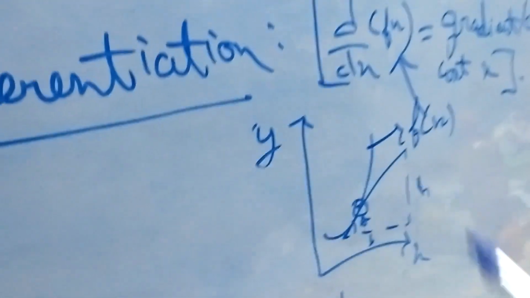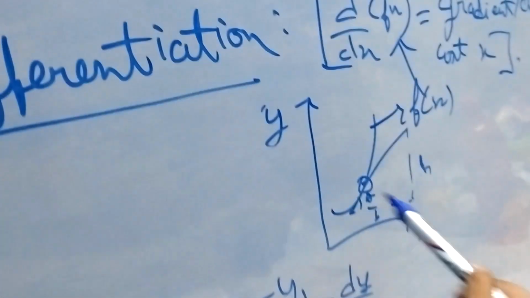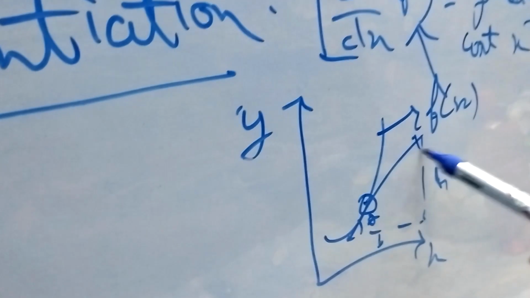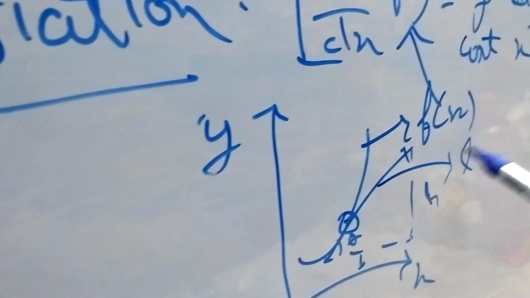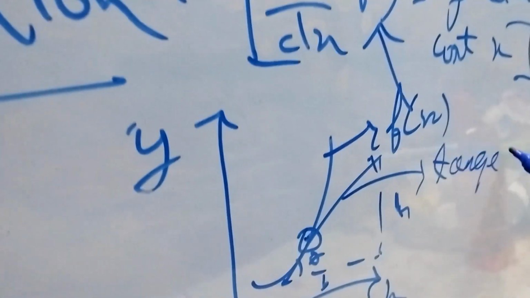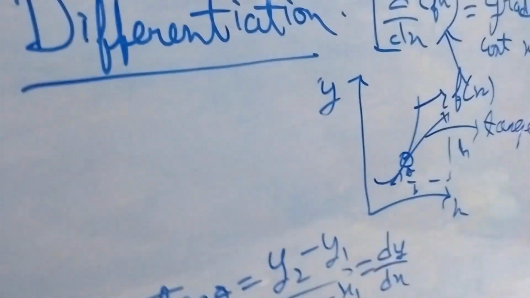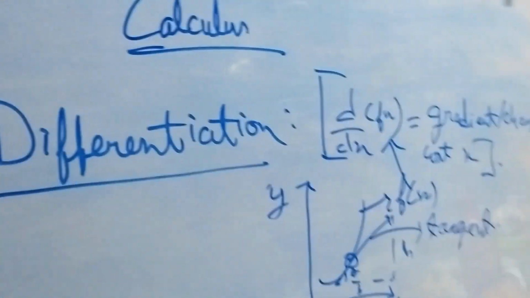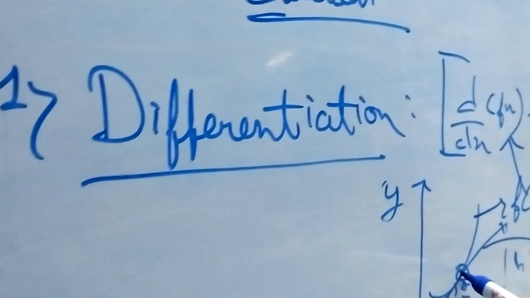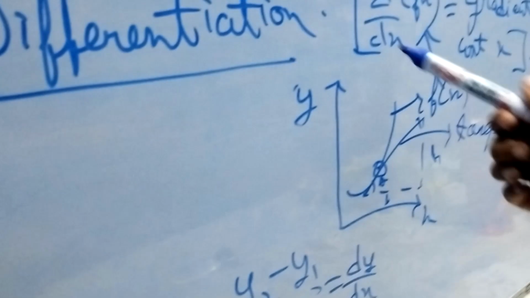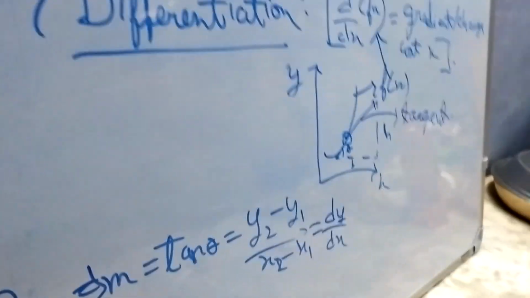I took a point on the curve and drew a tangent to it. This is a tangent, right? So I say, give me the value of the differentiation of the function at this point with respect to x. What will be its value?